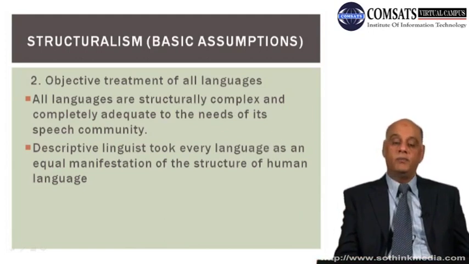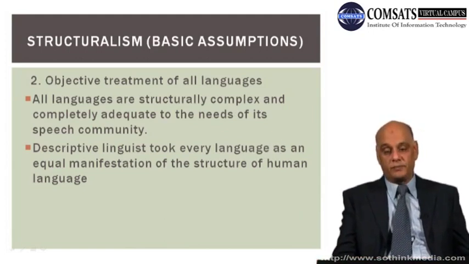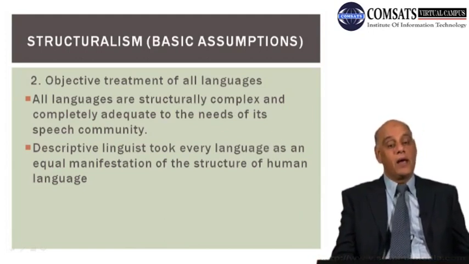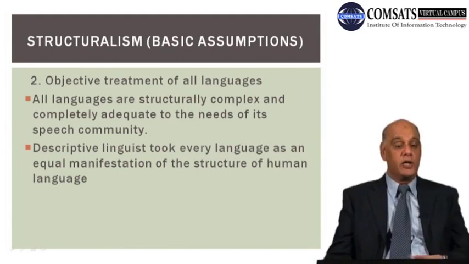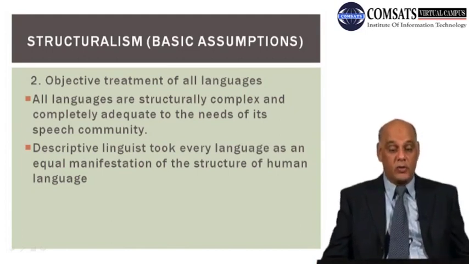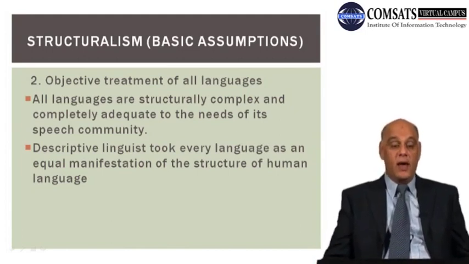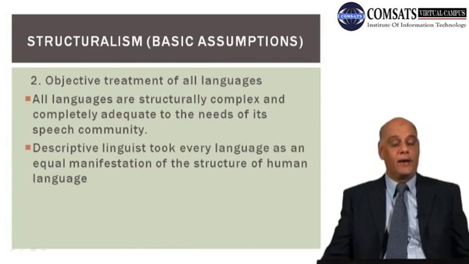All languages are structurally complex and completely adequate to the needs of a speech community. So all the languages are very complex, they have complex structures, and they are in fact adequate enough to the needs of the speech community.